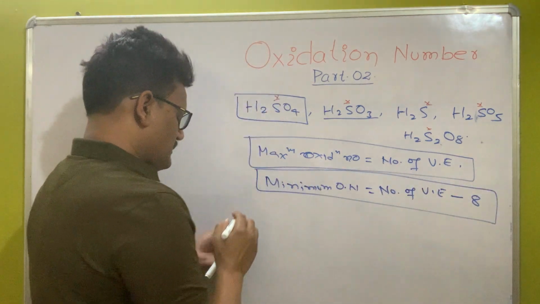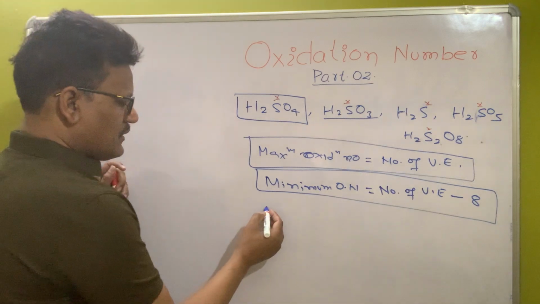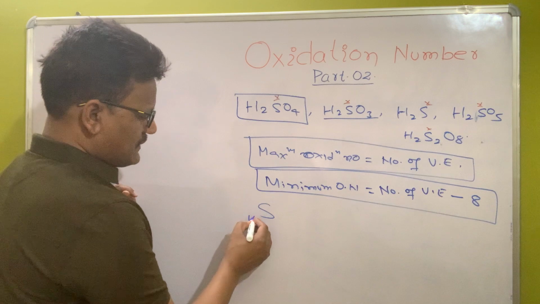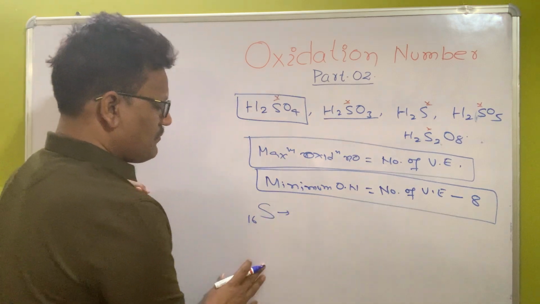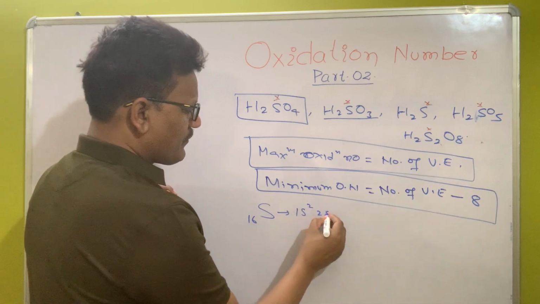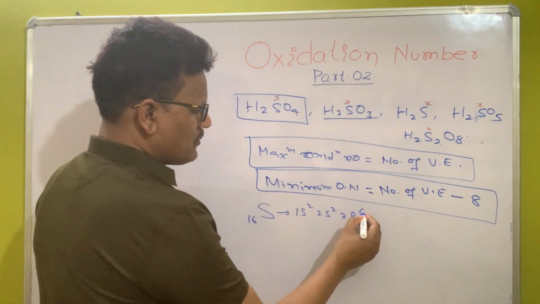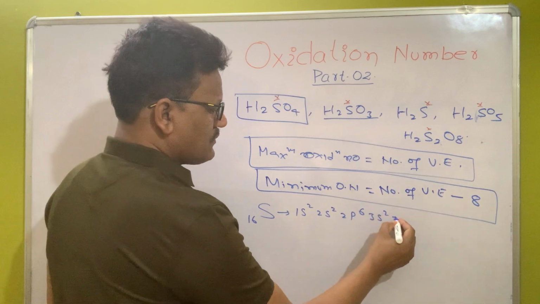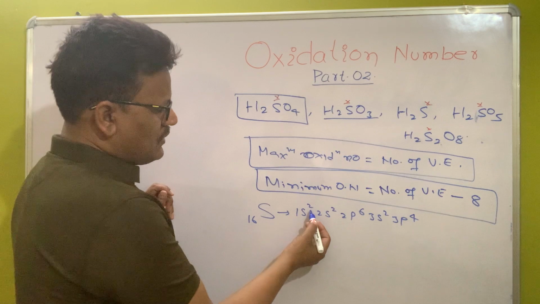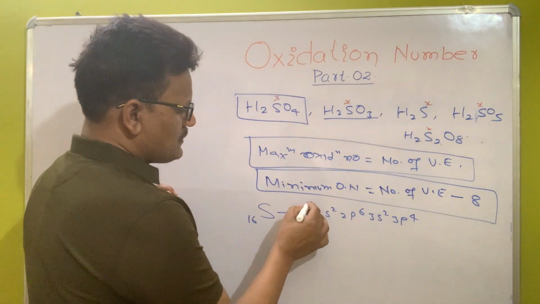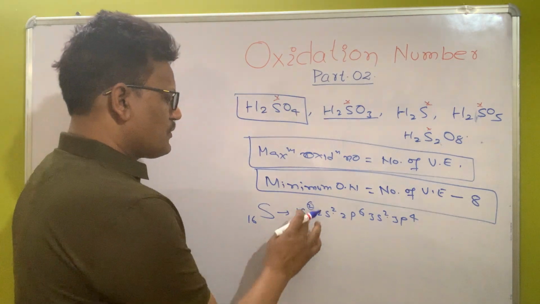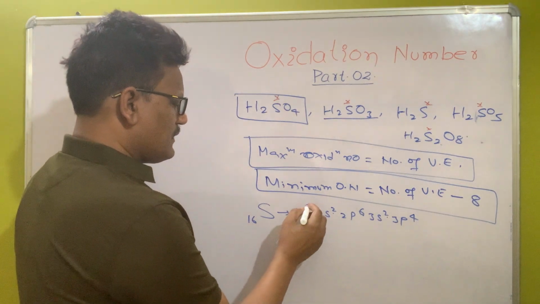So in the case of sulfur, the atomic number of sulfur is 16. So we have its electronic configuration as 1s2, 2s2, 2p6, 3s2, and 3p4. 2 plus 2 plus 6 plus 2 plus 4, we have a total of 16 electrons in sulfur.